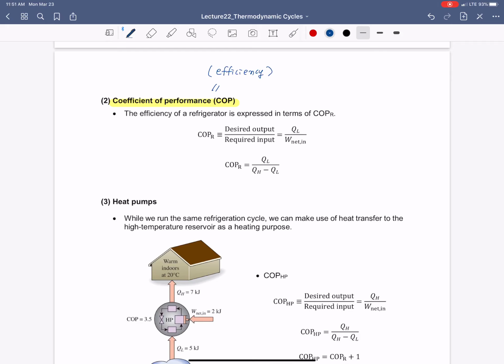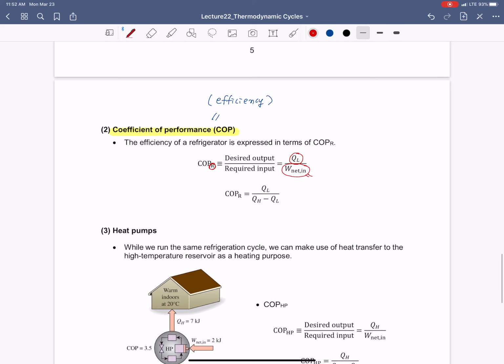Now the COP defined for refrigeration, we put subscript R here. COP subscript R is defined as the desired output to the required input. For the refrigerator, the desired output is how much heat can be taken out of the cooled space, and the required input is the amount of work that should be input to the cycle.